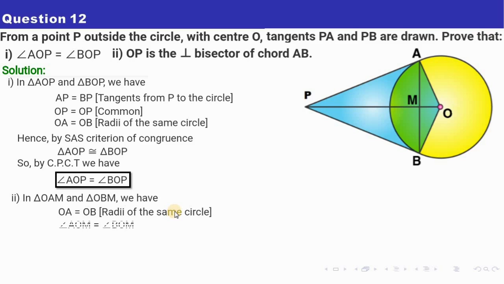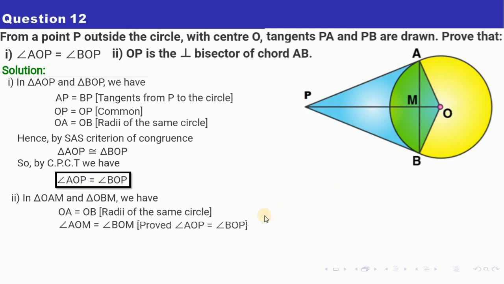Now we have angle AOM. AOM means this angle, right? And this angle is equal to BOM, that is this angle. Why? Because we have already shown that just now, this angle and this angle are equal.